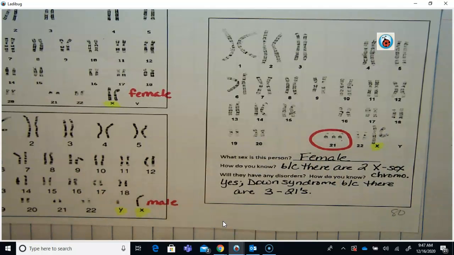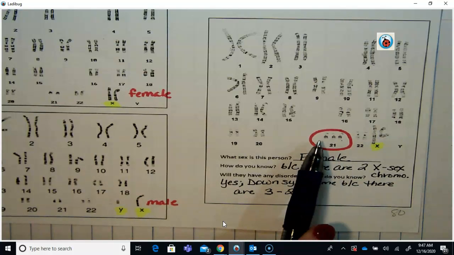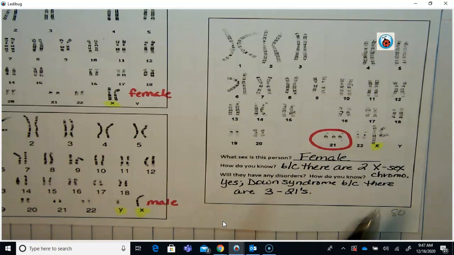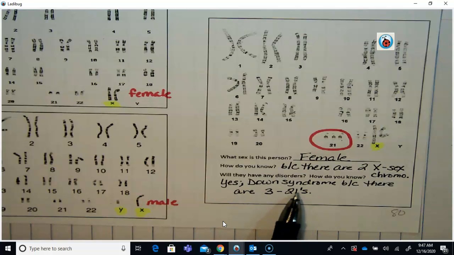And then this person has a genetic disorder. You can see that there's 1, 2, 3 in pair 21. So this person does have a disorder. It is Down syndrome. And how do I know? Because there are 3 number 21s. And so this would be a person with Down syndrome, and it would be a female.